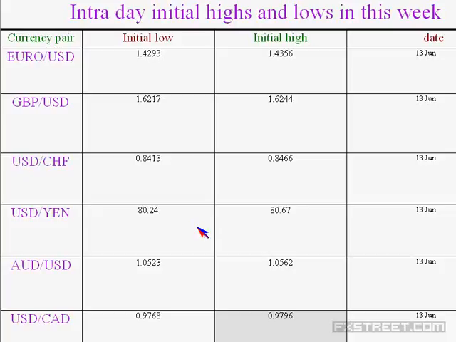Yen 80.24, 80.67, not breached. Australian dollar 1.0523, 1.0562, not breached. Canadian dollar 0.9768 and 0.9796. See, just a narrow spread of 14 or 15 pips, so about 18 pips.